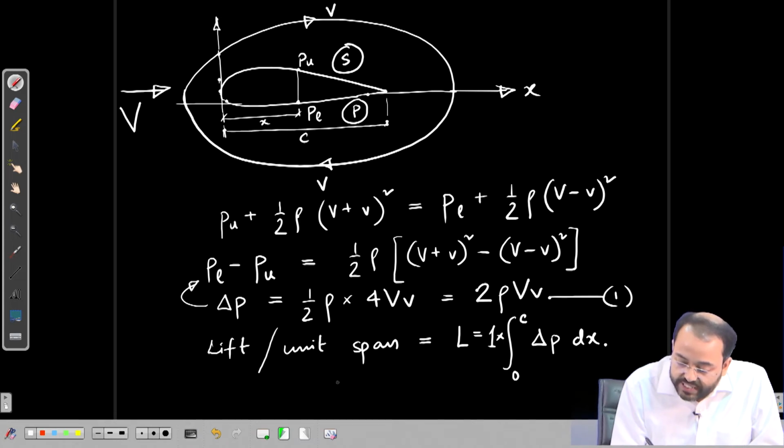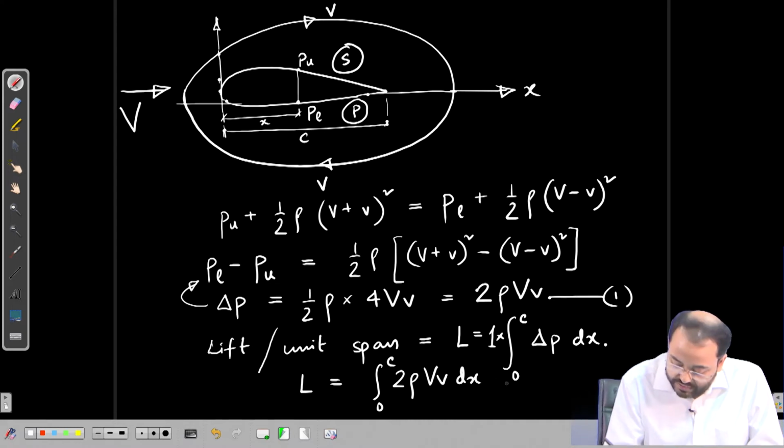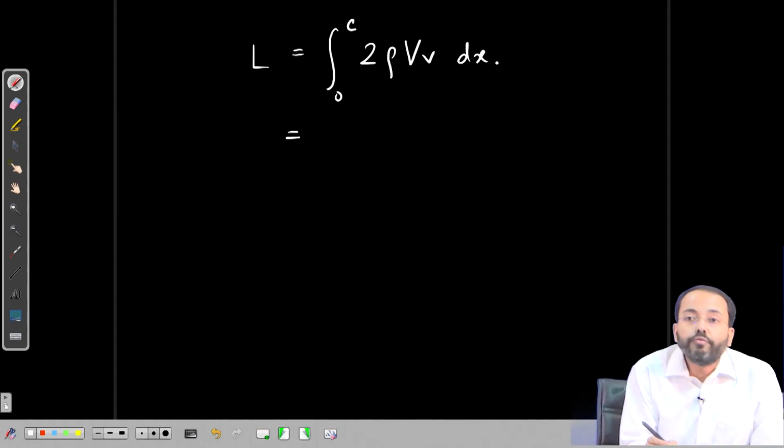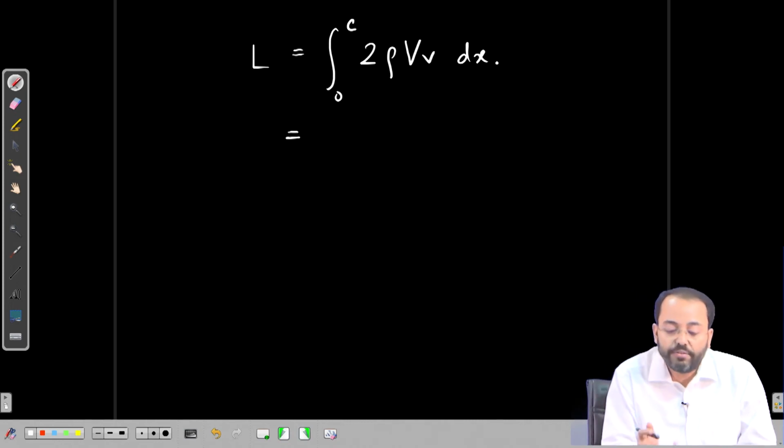So, this can be written as L equal to the integration from 0 to c of 2 rho V v dx. Now, what is V? Capital V is the incoming velocity into the foil.